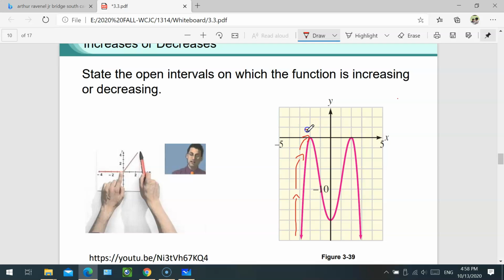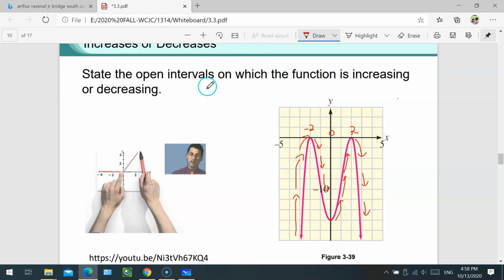When it comes to x equals -2, it changes direction to a decreasing interval. Then when it comes to x equals 0, it changes direction to an increasing interval. And after x equals 2, the graph changes direction to a decreasing interval.